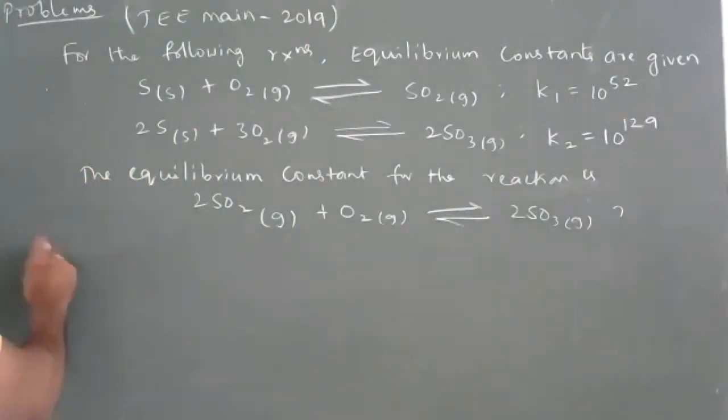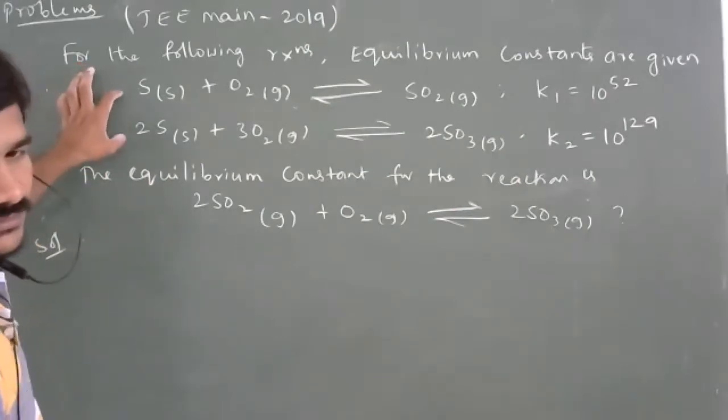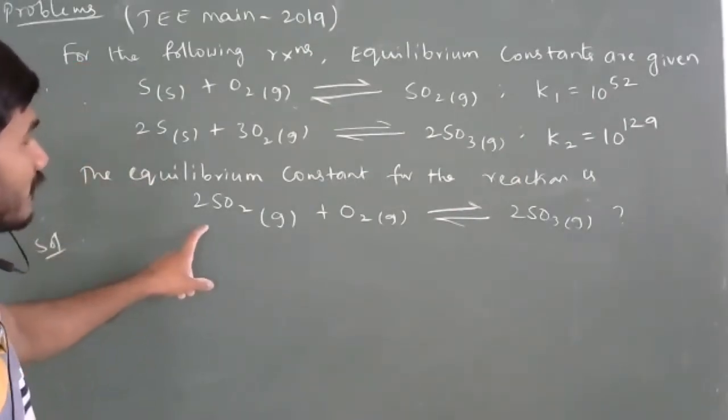So this is the required equation. There are two equations given. From these two equations, we have to find out the equilibrium constant for this.